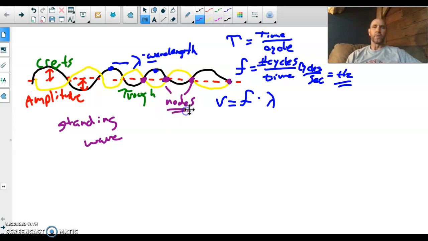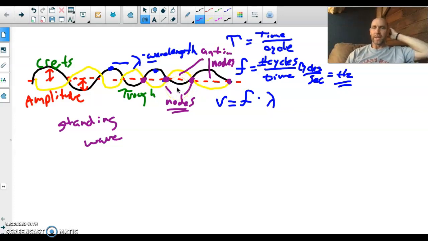Think of "no" as in no movement. Okay? These parts here where there's maximum movement are called antinodes. Okay? So there's nodes and antinodes in a standing wave.